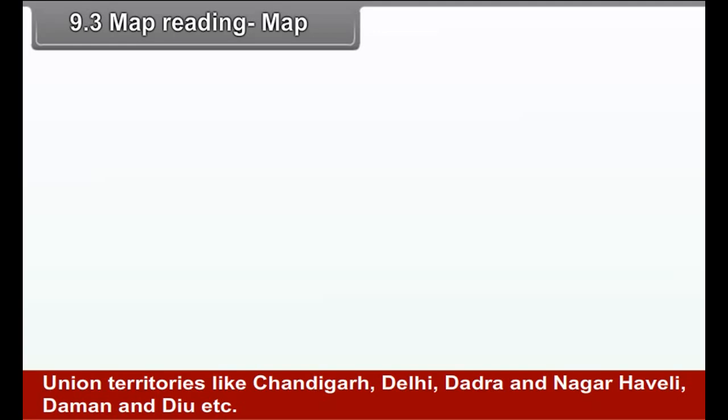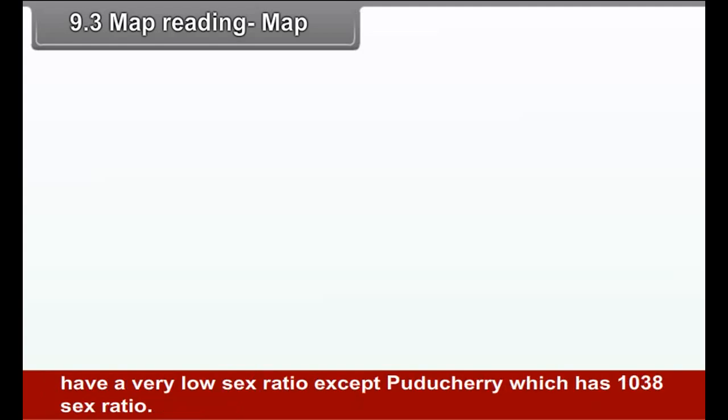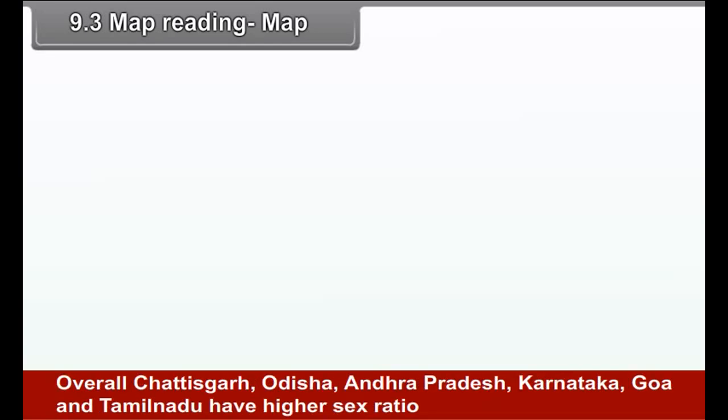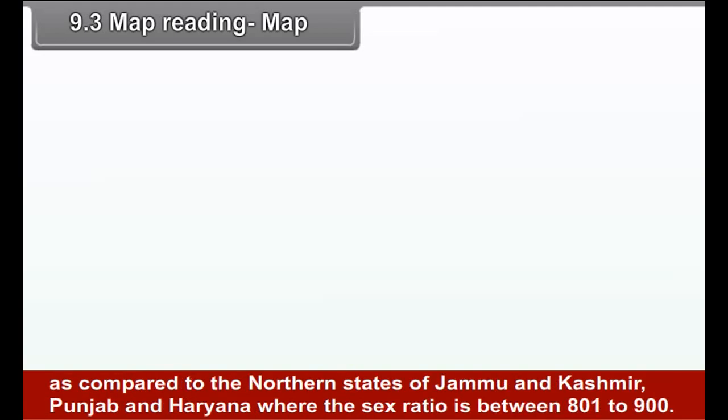According to this map, Kerala has the highest sex ratio of 1084, whereas Haryana state has the lowest sex ratio of 877. Union territories like Chandigarh, Delhi, Dadra, Nagar Haveli, Daman and Diu, etc. have a very low sex ratio except Puducherry, which has 1038 sex ratio.